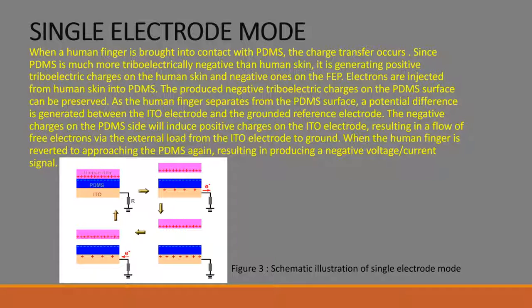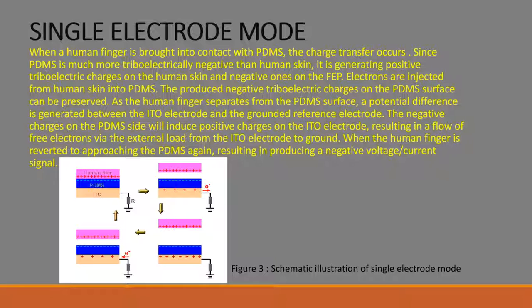Single electrode mode. When a human finger is brought into contact with PDMS, charge transfer occurs. Since PDMS is much more triboelectrically negative than human skin, it generates positive triboelectric charge on the human skin and negative charge on the FEP. Electrons are injected from human skin into PDMS.